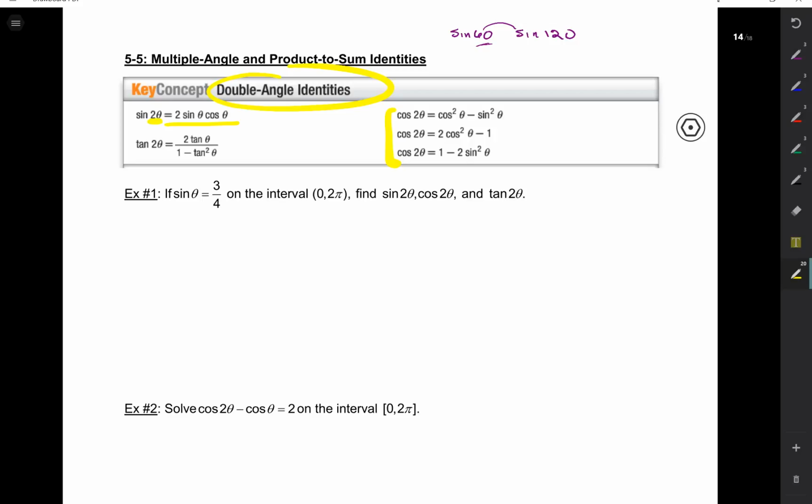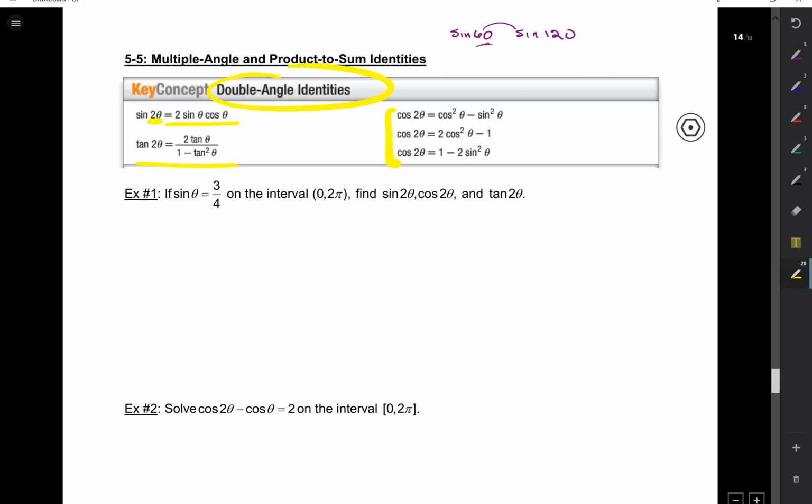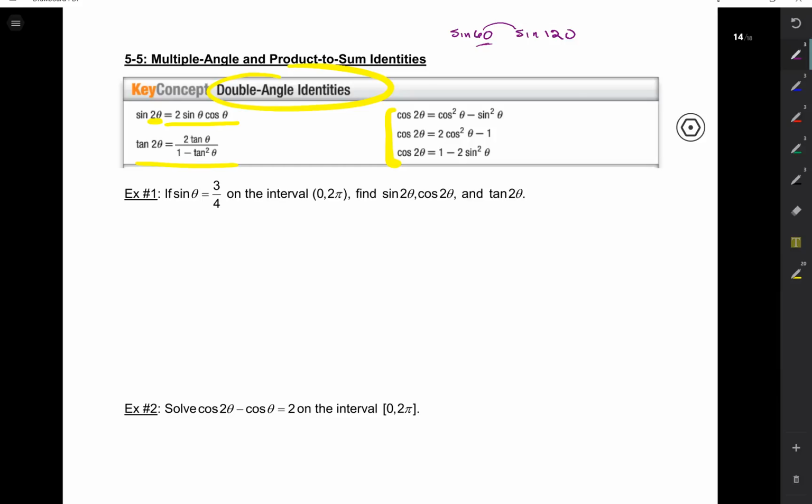The only difference is some problems might lend themselves to using one over the other. And then you've got tangent of 2 theta, which is that. Again, in this chapter, I'm going to ask that you don't use triangles, just identities. Once we're over this chapter, you can do whatever you want.